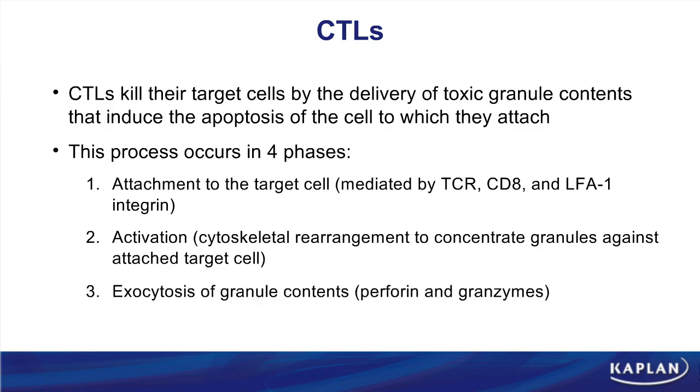The granules are then released, and we'll talk about in just a little bit what some of the contents of those granules are. And then the cytotoxic cell, remember it's a professional hitman, it detaches from that target cell and goes on to kill the next cell that might be expressing a foreign peptide.